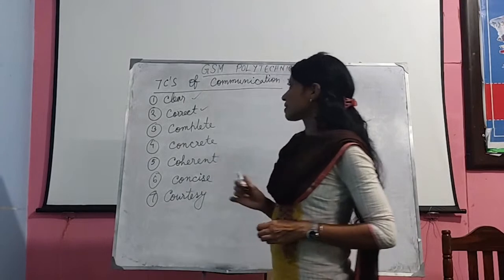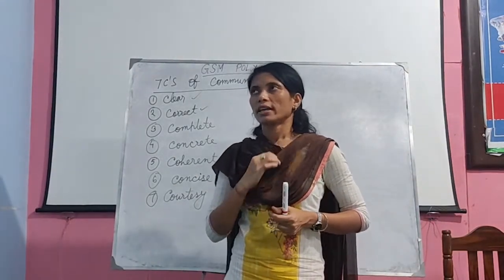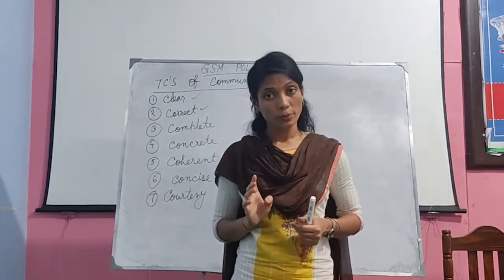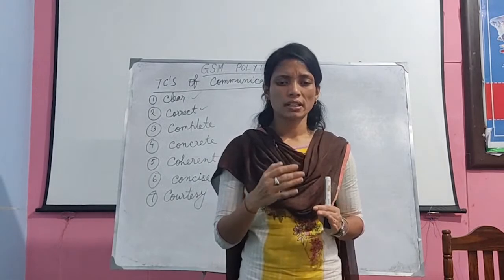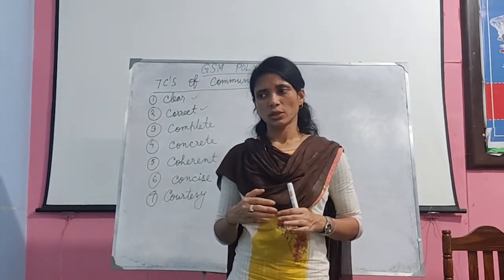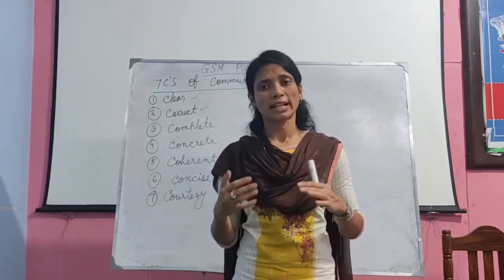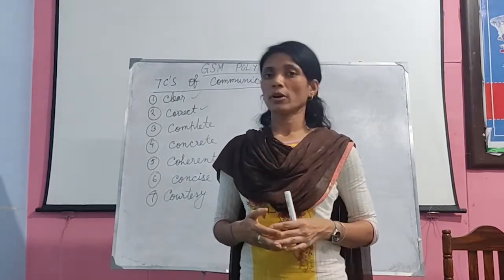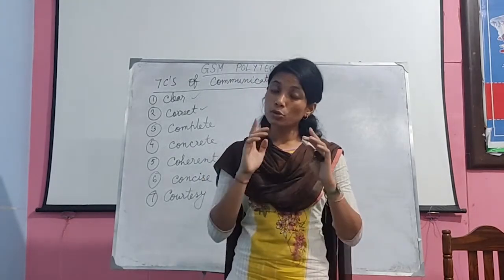Second is correct. Correct in the sense that you have to be correct with your information. Suppose you are informing something but you are unable to confirm whether it is correct or not. How then are you informing the receiver, right? So whenever you inform the receiver, you should be correct.